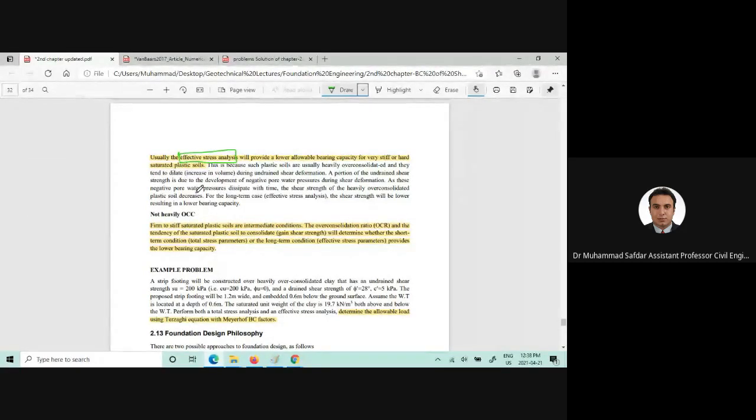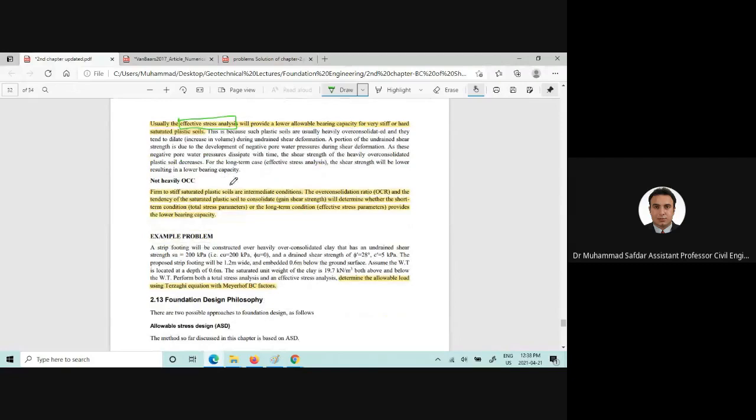So we need to wait for these negative pore water pressures to equalize and reach the final pore water pressure condition to find the strength of the soils, and that can be obtained in the drained shear strength behavior, the effective stress analysis, or the long-term condition.